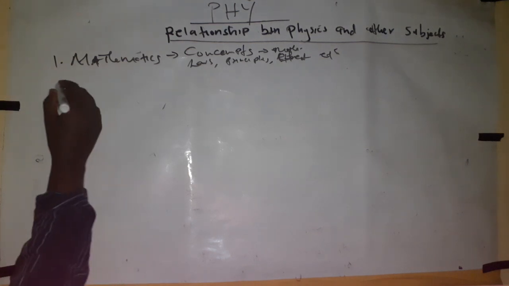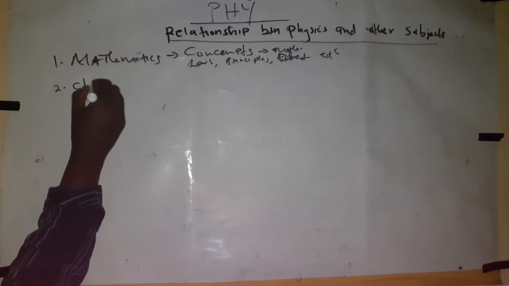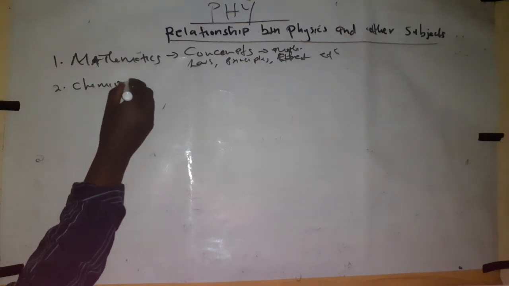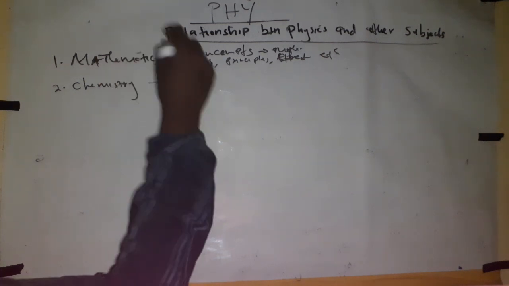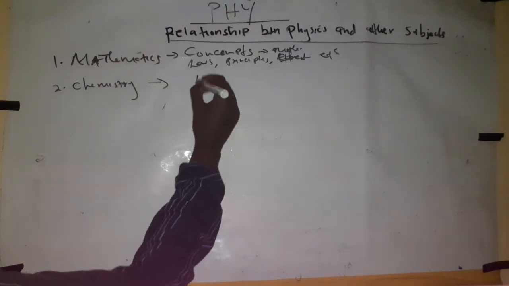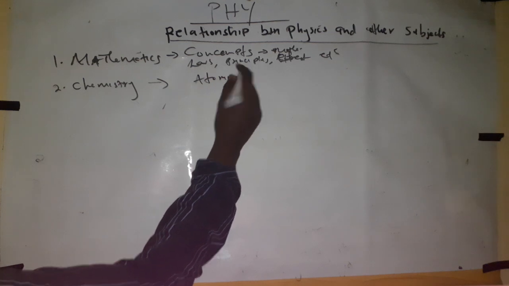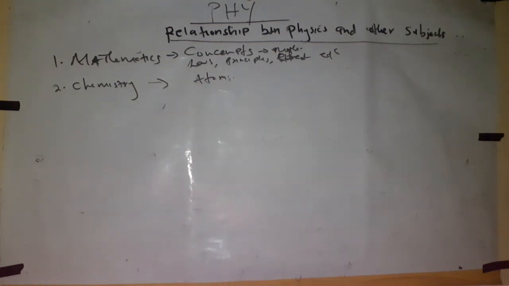We go to the second subject, subject number 2, which is chemistry. Remember, chemistry is a science. So how is physics related to chemistry? Physics has explained the nature of particles within an atom, and therefore the atomic structure. Chemistry mostly talks about the atom, which takes part in chemical reactions.